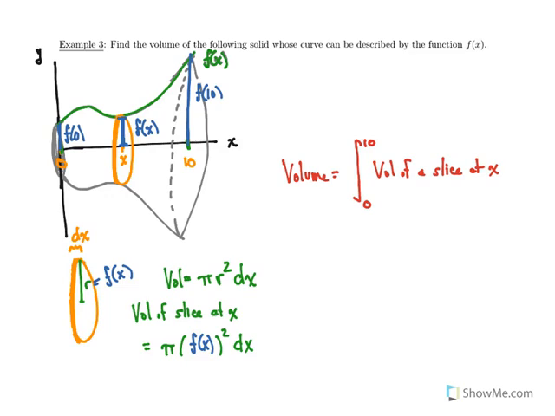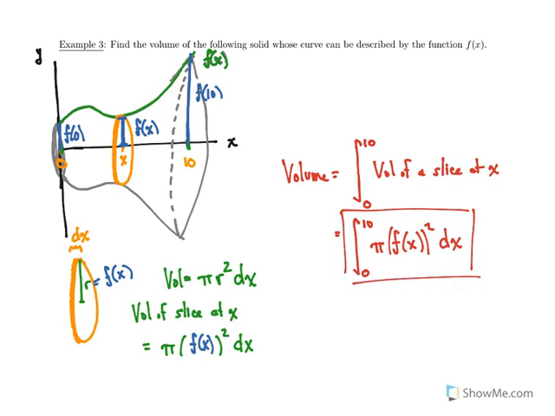Then we would have that this is equal to the integral from 0 to 10 of pi f of x squared dx. And since we don't actually know what this function is, we can't really go any further than this, but this would represent the volume, or a way to find the volume of that very weird shape. We would have to find the antiderivative of f squared, multiply that by pi, evaluate from 0 to 10, but we could find an answer.